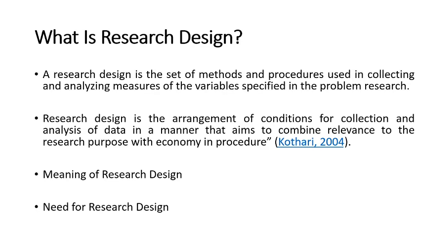Another thing which is written is the meaning of research design, which I have already discussed in this discussion, and the need for research design, why it is very much important.